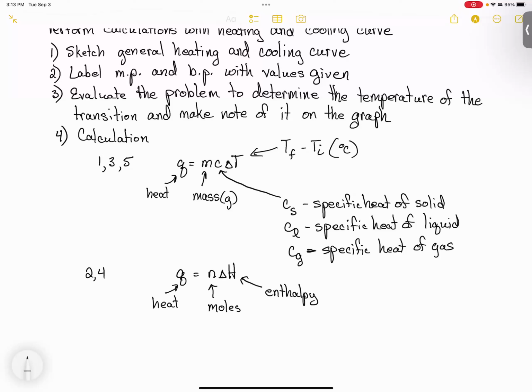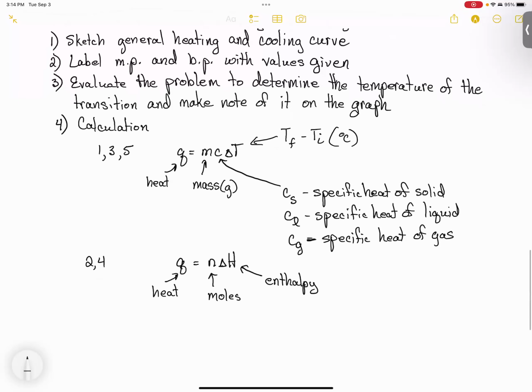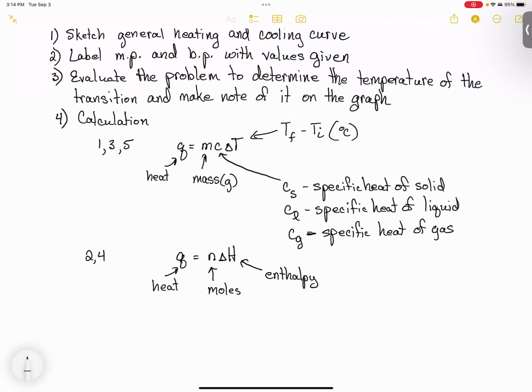Now, with this particular step, you do have to pay attention. This is where you have to pay attention to whether you've got a heating curve where the ΔH is going to be positive, or a cooling curve where the ΔH is negative. You only have to worry about it on this particular step, remembering these signs.